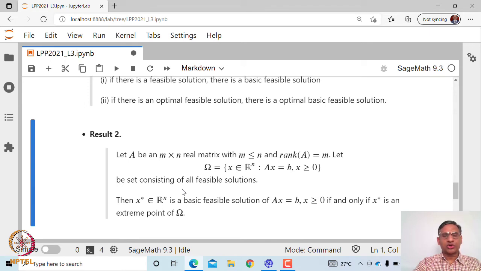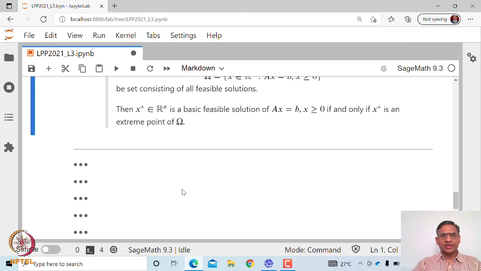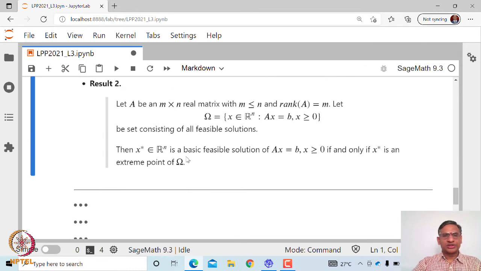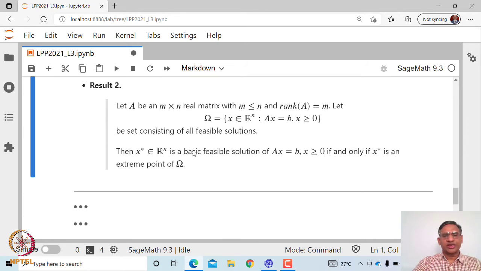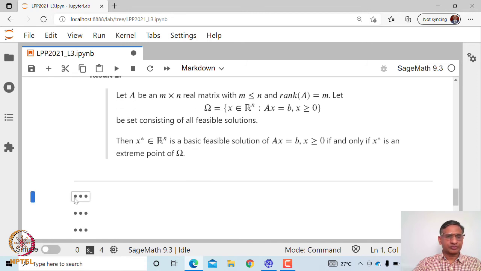We found all those corner points, evaluated the objective function value at those corner points, and chose the one which takes the maximum value in case of a maximization problem and the minimum value in case of a minimization problem. So these two are very important results as far as solving linear programming problems are concerned.